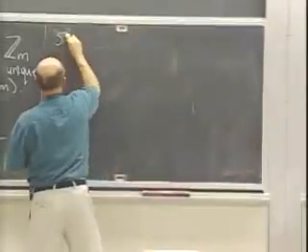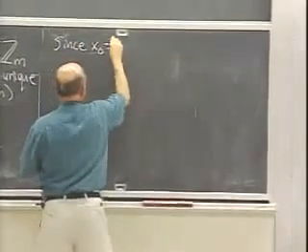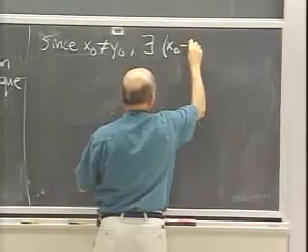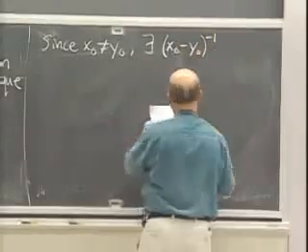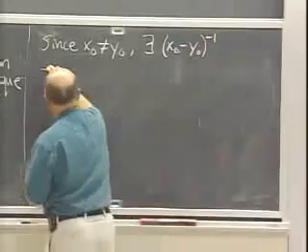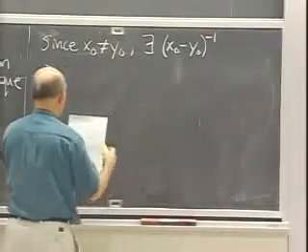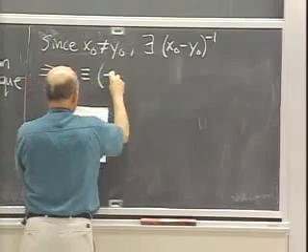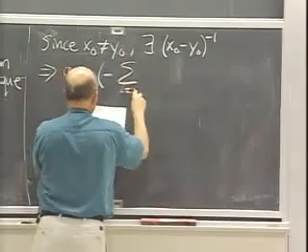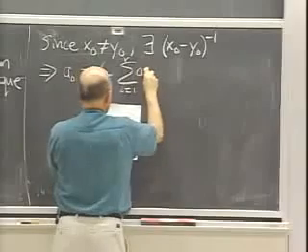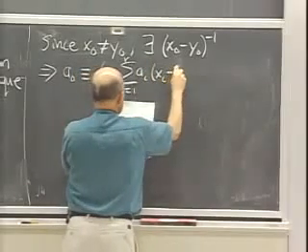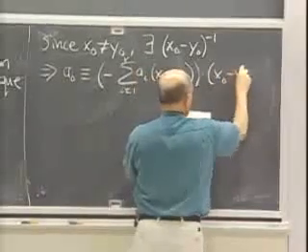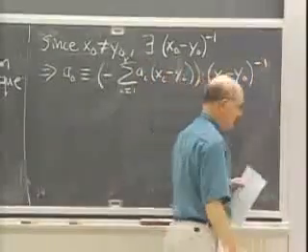Since x0 is not equal to y0, there exists an inverse for x0 minus y0. And that implies, continuing from over there, that a0 is congruent to minus the sum for i equals 1 to r of ai times (xi minus yi) times (x0 minus y0) inverse.